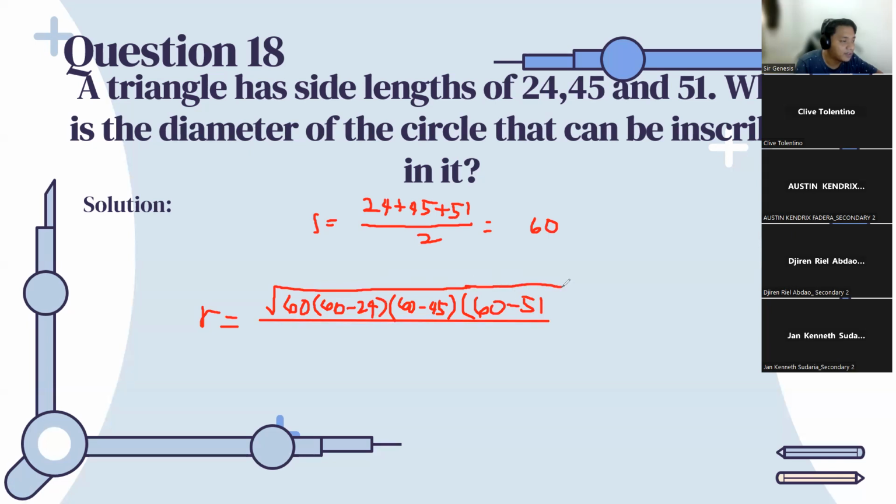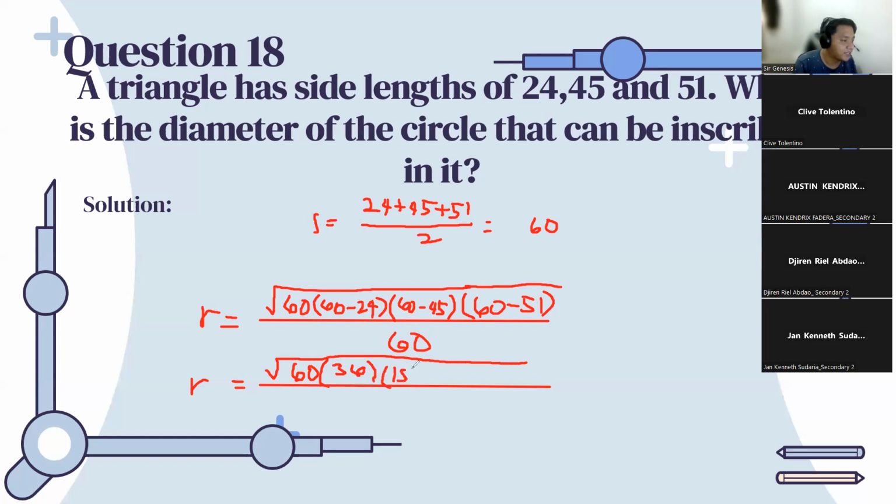And then you divide that by the semi-perimeter, which is 60. Okay, so R will just be equal to the square root of 60. Oh, wait, let me use a line tool for that one because that vinculum is so clunky. Okay, so that will be 60, and then 60 minus 24 is 36. 60 minus 45 is 15, and 60 minus 51 is 9, divided by 60.